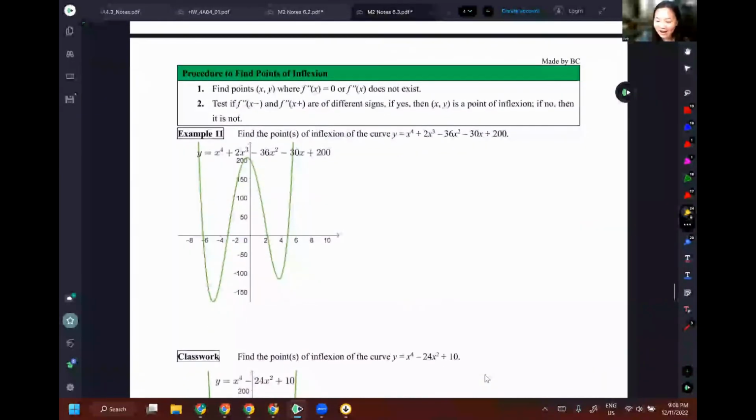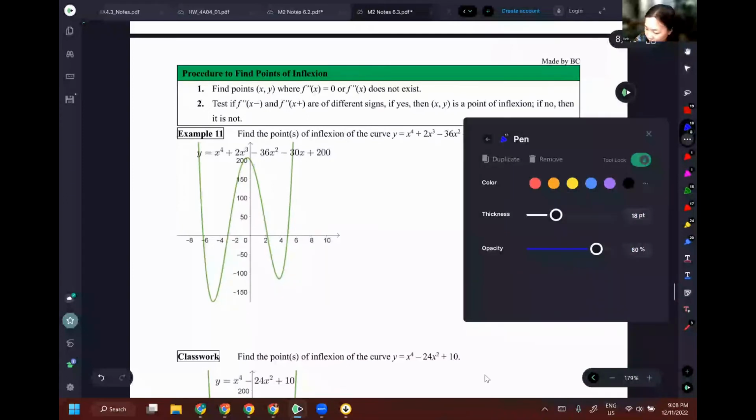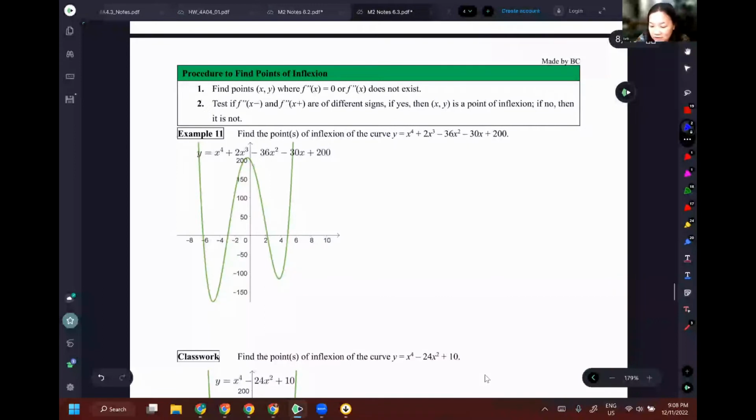Now, to find the points of inflection, we need 2 steps. We need to find the second derivative and find out where it could change the concavity. There could be a change when the second derivative is 0, or undefined, does not exist.